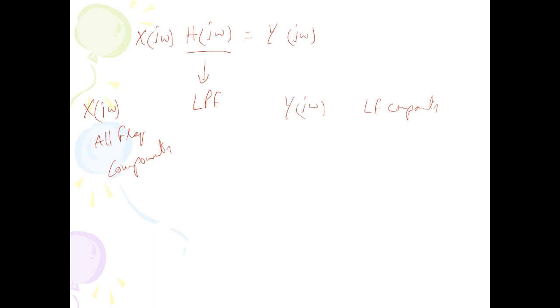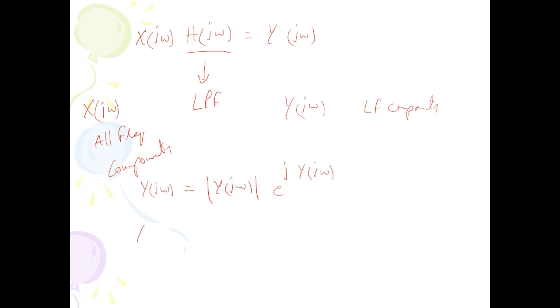In polar form, Y of j omega can be written as mod Y of j omega into e power j angle of Y of j omega.